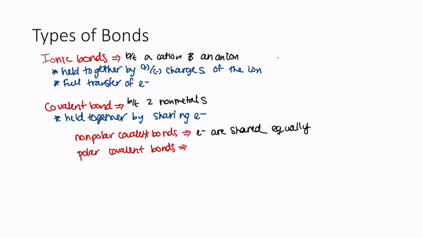And this is where electrons are not shared equally. So we have nonpolar covalent bonds and we have polar covalent bonds.